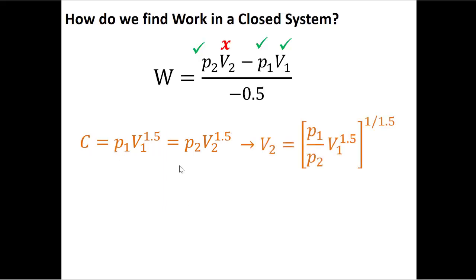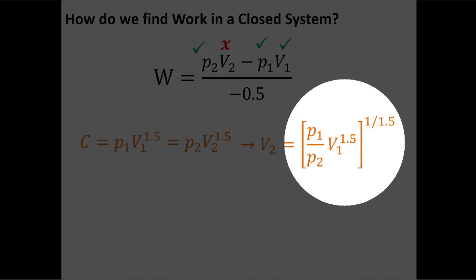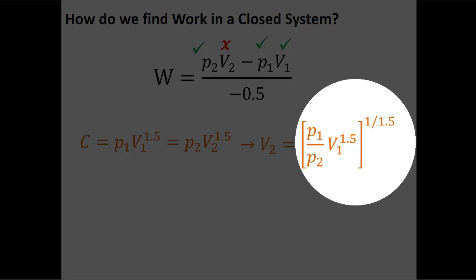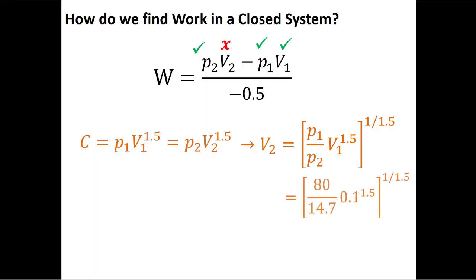So here I isolate for V2, and I see that V2 is equal to P1 over P2 multiplied by V1 to the 1.5, all to the power of 1 divided by 1.5. I can work this out on my calculator, and I see that V2 is 0.3 cubic feet.